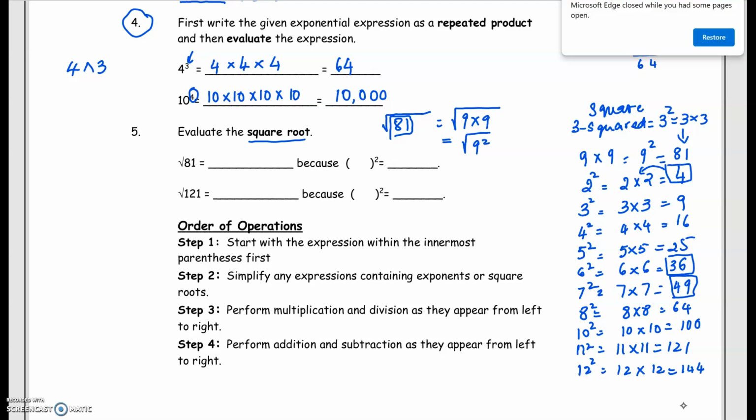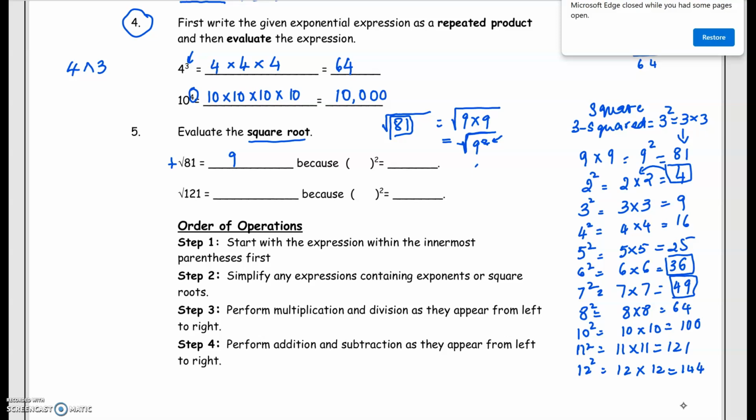This is the relationship between the radical sign and the exponent. They cancel each other out. And if you say, what is the square root? We're only talking about the positive number, and that is equal to 9.